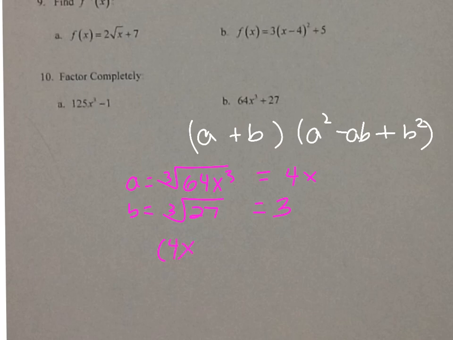So it's 4x plus 3 times, so just be careful here, 4x squared. So now it's a times b, so it's going to be 12x plus 3 squared. So it's 4x plus 3 times 16x squared minus 12x plus 9. Okay, so that's it. Happy studying. See you guys tomorrow.